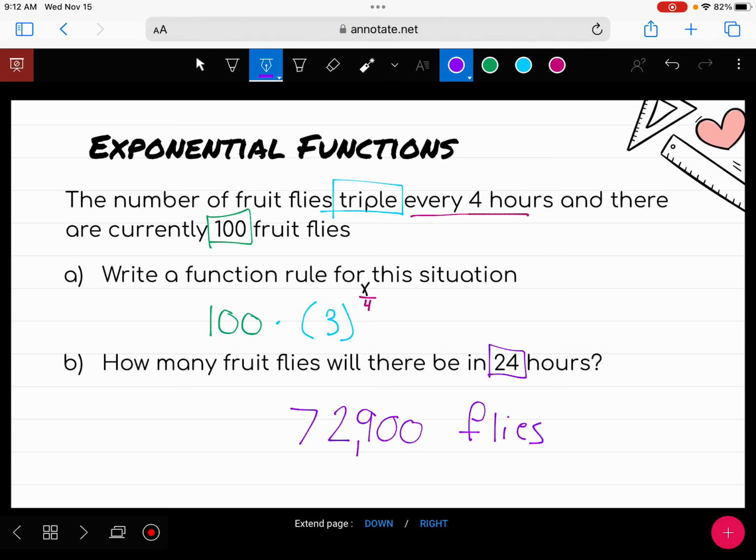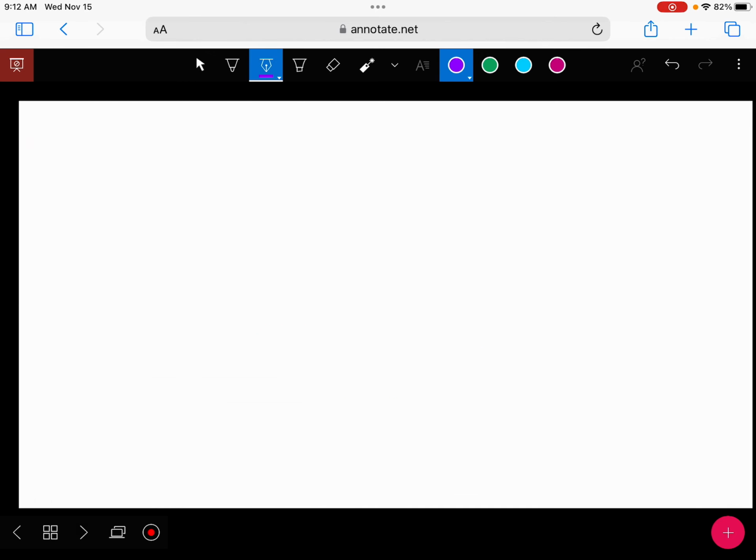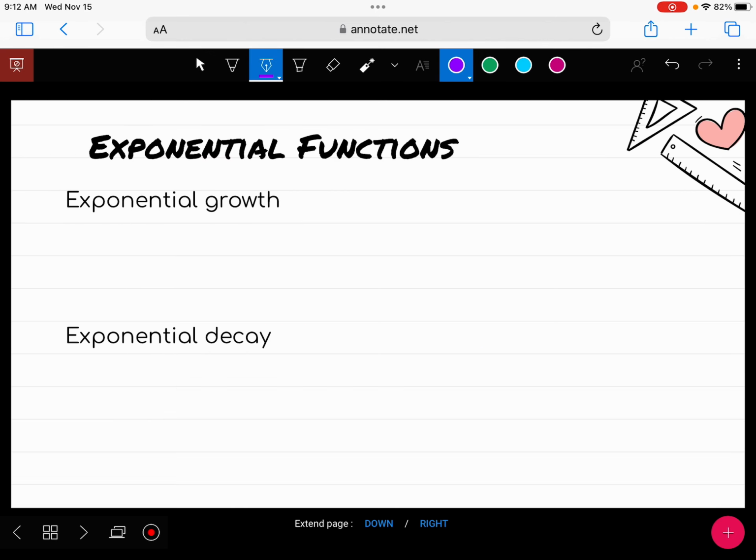All right. So let's keep going, because we're going to talk about the 2 different kinds of exponential functions we're going to have. We're going to have exponential growth, and we're going to have exponential decay.